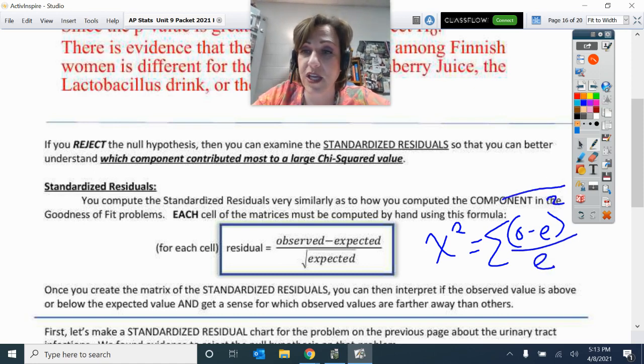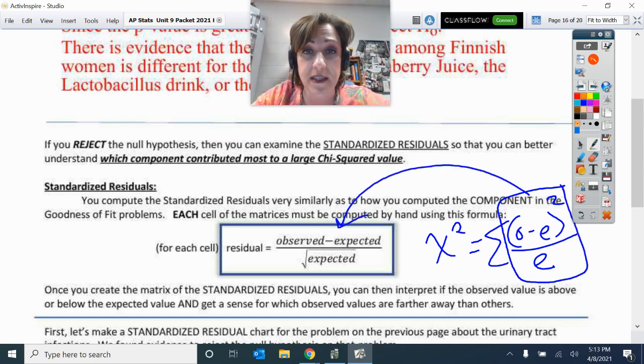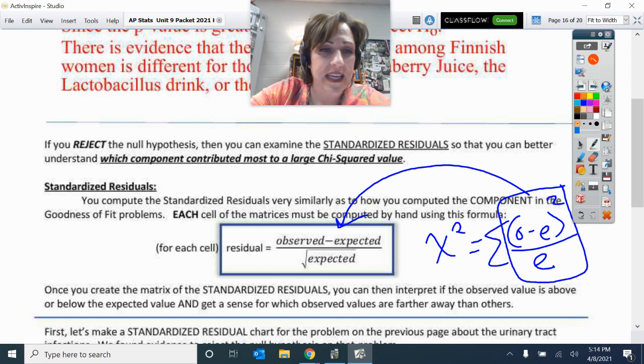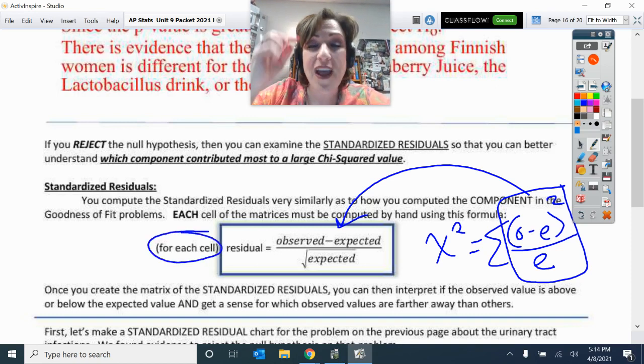Well, if you take this and just think of it as square rooting it, then that's what we have: the observed minus expected over the square root of expected. That's going to give us a standardized understanding of how far away the observed was from what was supposed to happen in each cell.